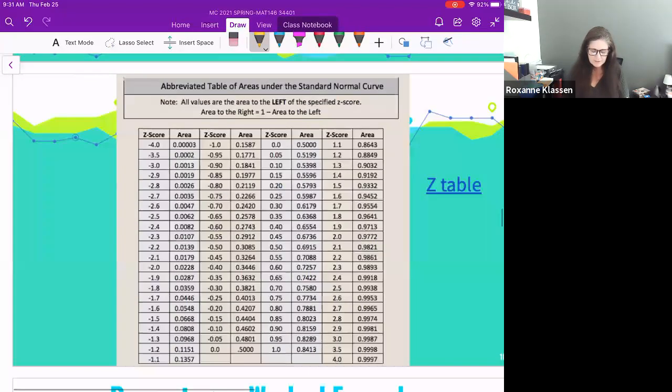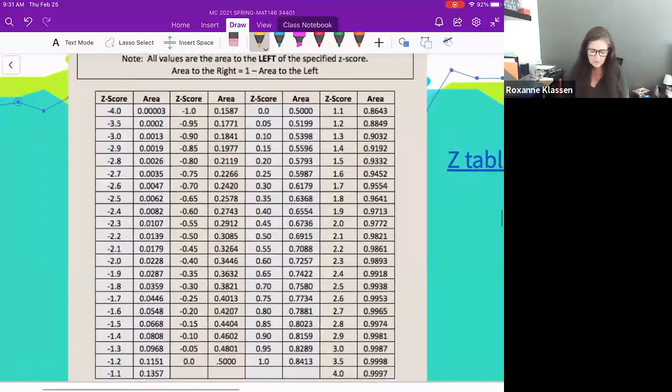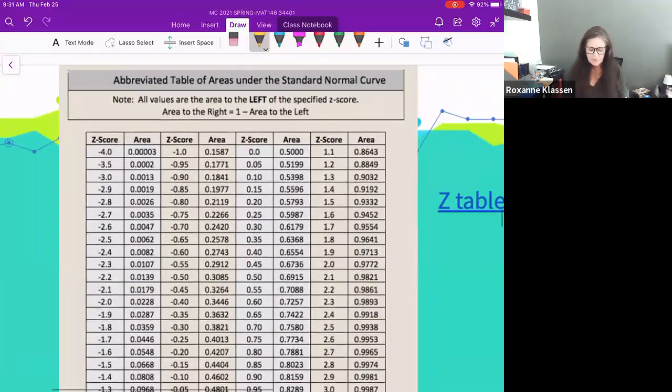So if you look at a Z table, this is what it kind of looks like. If you read this very top, it says, this is area under the standard normal curve. In other words, these are percentages, believe it or not, because all of the area under the curve would be one whole, right? Or 100%.